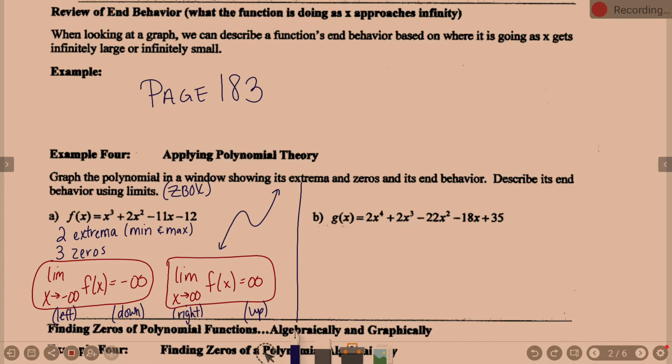I'm just missing a teeny bit off the bottom corner. Could I change my Ymin to make it a little bit better? Yes, I can go down and change my Ymin. It was negative 40. I'm going to go negative 45. I really don't know what it needs to be. It works. There we go.